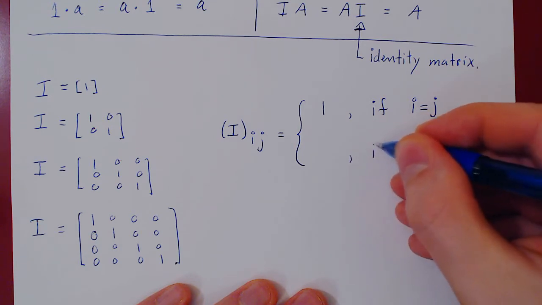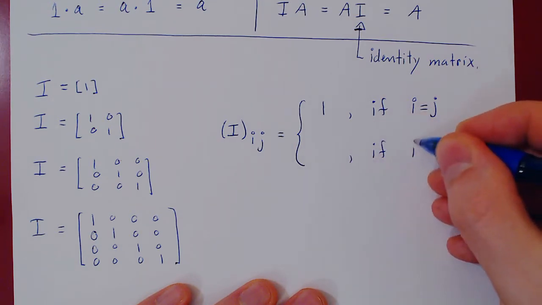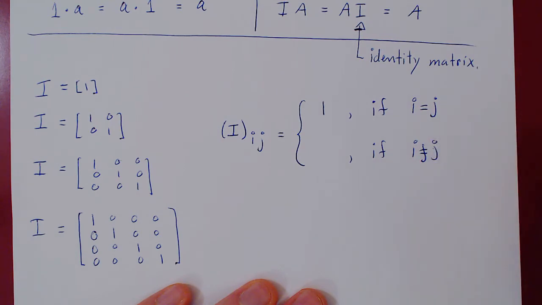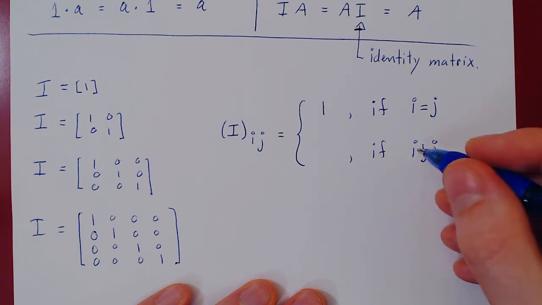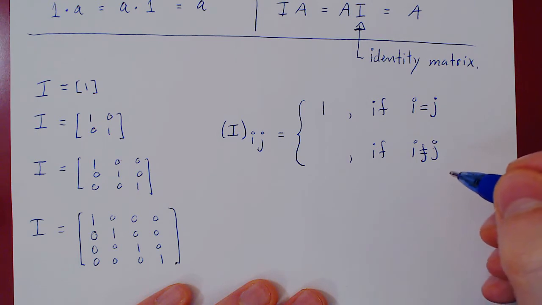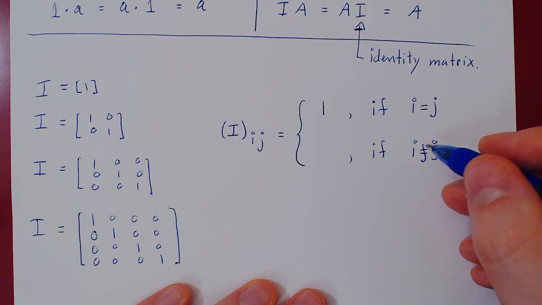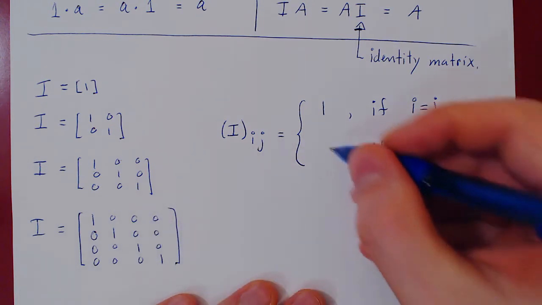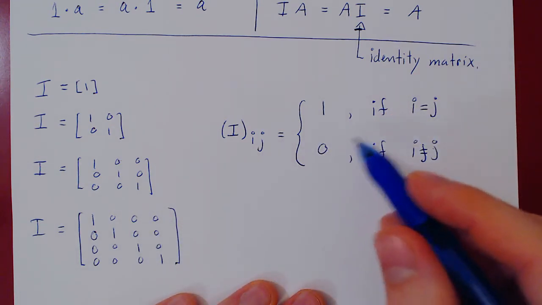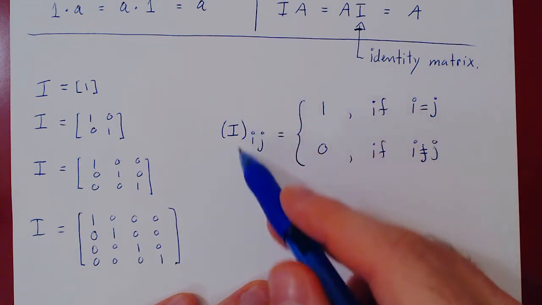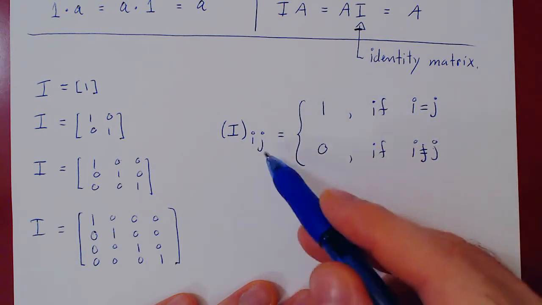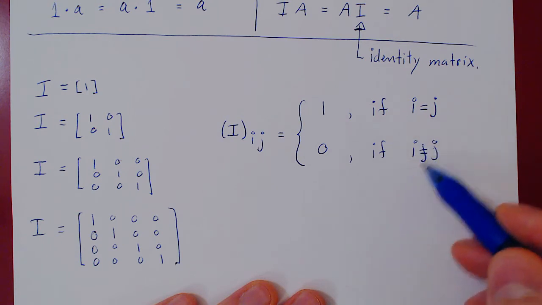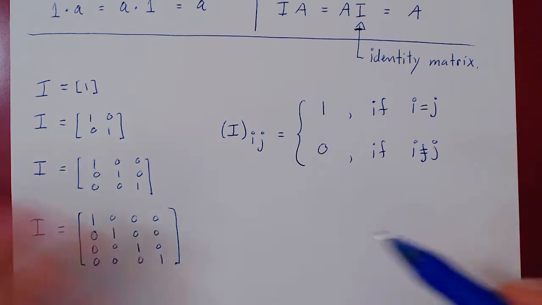And of course, if i is not equal to j, then you are off the main diagonal. So if i is not j, then you're off the main diagonal, and the entries are simply equal to 0. And this is how you define the identity matrix.